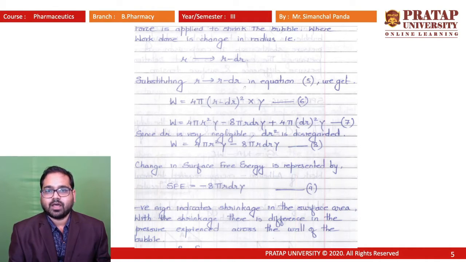Substituting r with r minus dr in the equation, we get W equals 4 pi times r minus dr whole square into gamma.